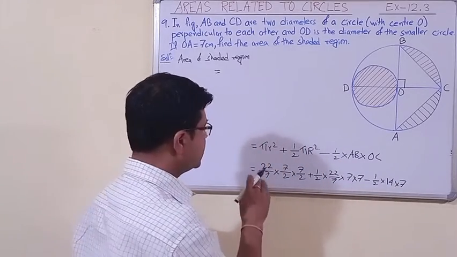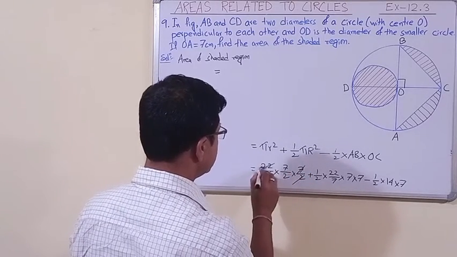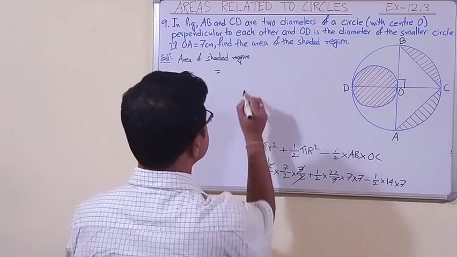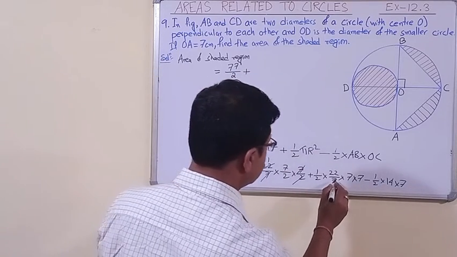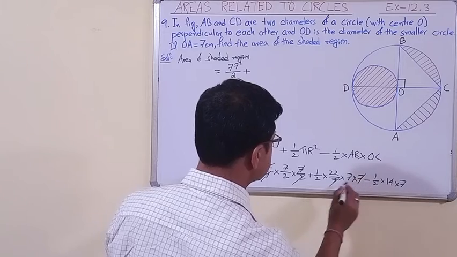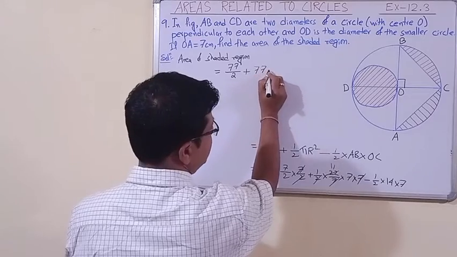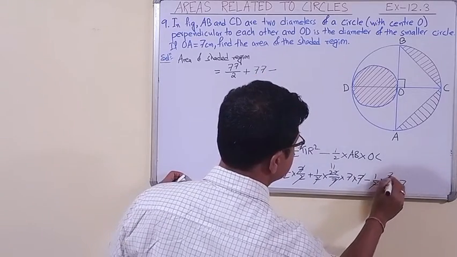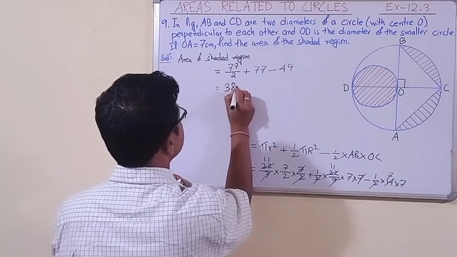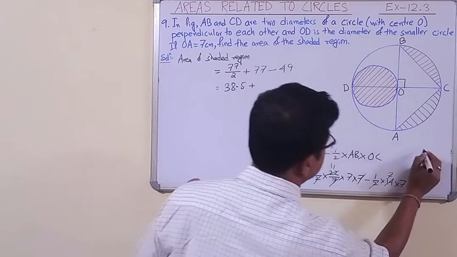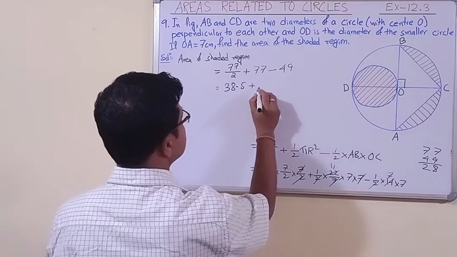Now dear students, again let us simplify this. Let us cancel this 7, we can cancel this 2, this is 11, so this is 77 by 2, plus, then here we can cancel this 7, like this, so it is 77 minus 49. 77 by 2 is 38.5, plus if we subtract 49 from 77, it is 28.